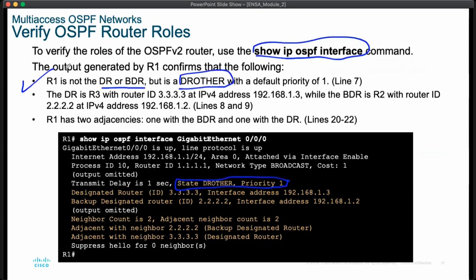Next, the DR is R3 with the router ID 3.3.3.3 at IPv4 address 192.168.1.3, while the BDR is R2 with the router ID 2.2.2.2 at IPv4 address 192.168.1.2, lines 8 and 9. R1 has two adjacencies, one with the BDR and one with the DR, lines 20 and 22.